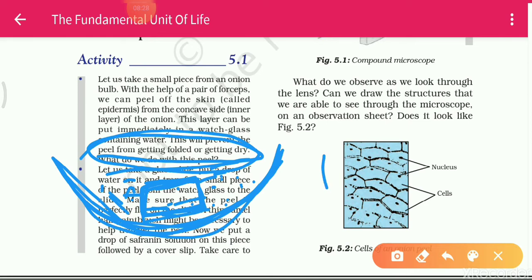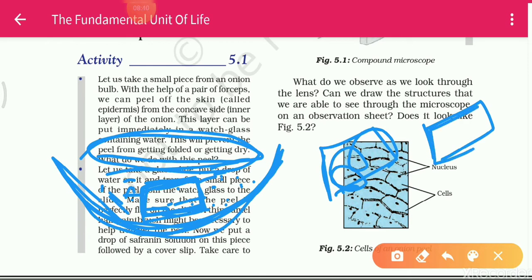Suppose this is a peel, then this peel may sometimes fold inside. If we keep this peel inside the water, then it will not dry, and it will not be folded. That's why we keep the peel of an onion inside the petri dish.